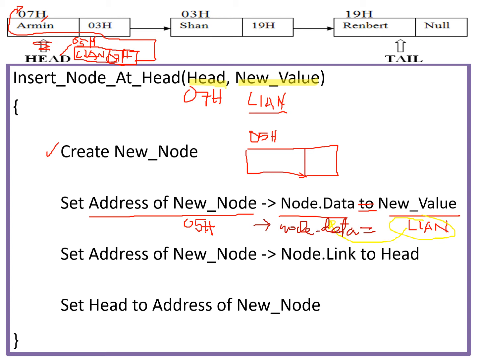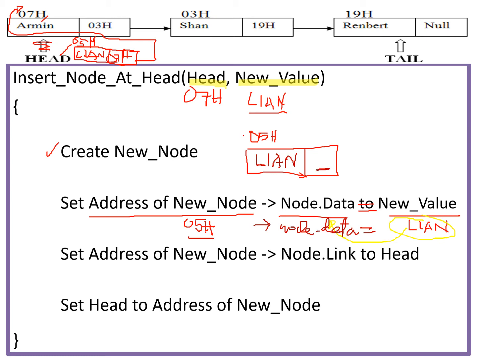So, Lian will be assigned to node.data of 05H. So, 05H referencing to node.data equals Lian. Next.